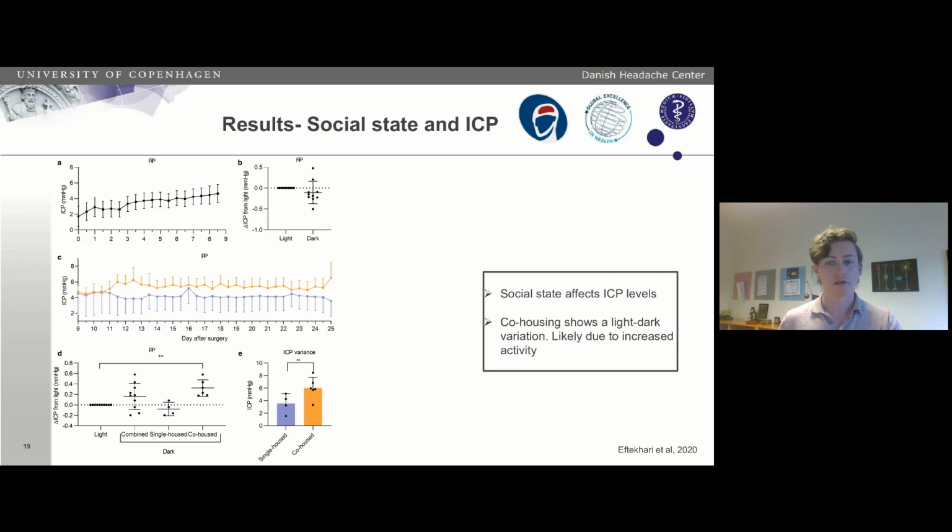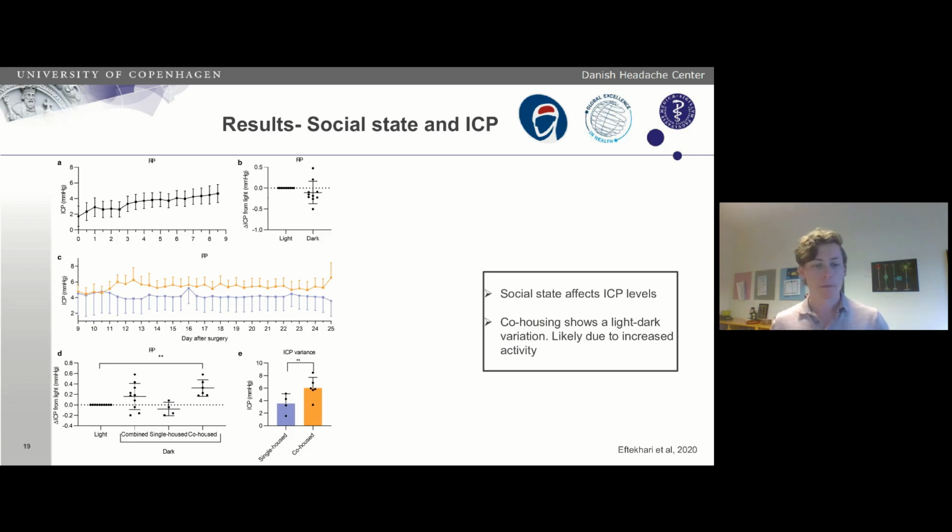So a bit more on the social state and how this affects intracranial pressure. What we can actually say, if you look at E, is that yes, social state does affect the intracranial pressure of a rat. We find when a rat is co-housed with other rats, the intracranial pressure is about 2 millimeters of mercury higher than it is when they're single housed.